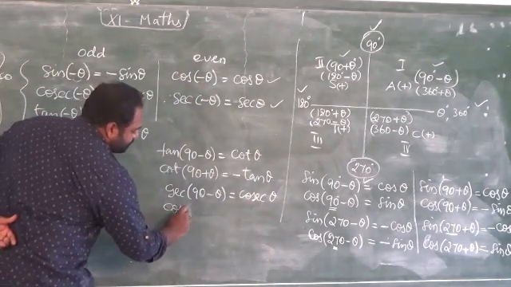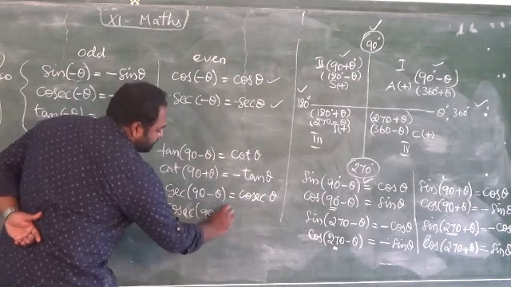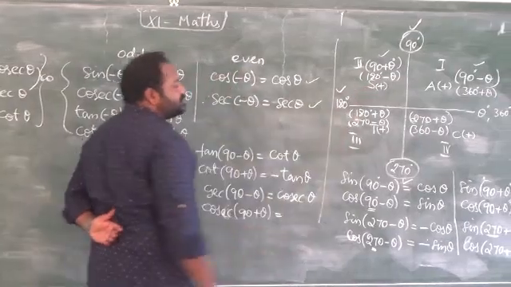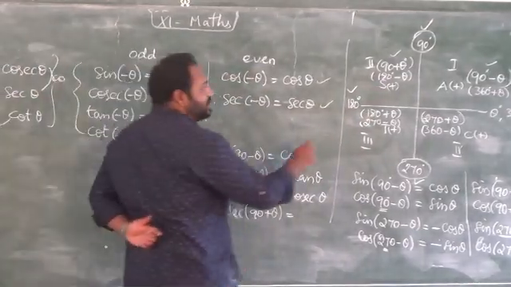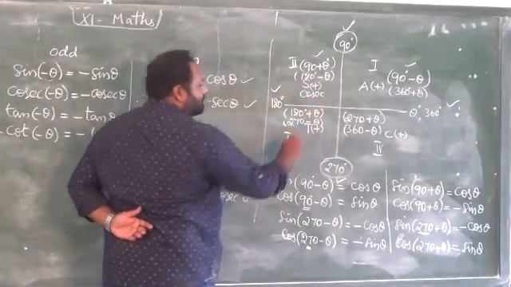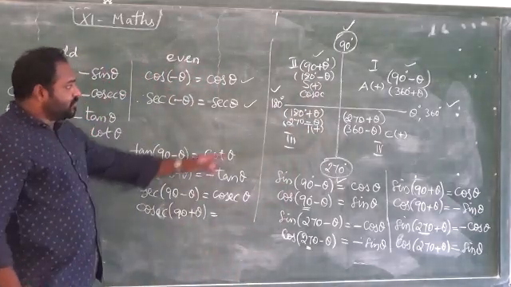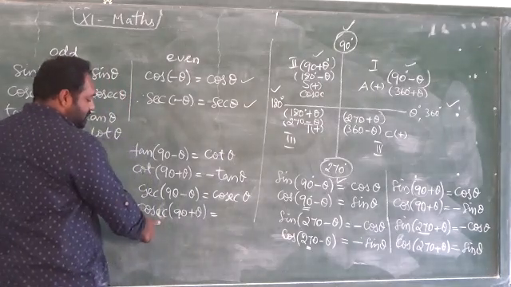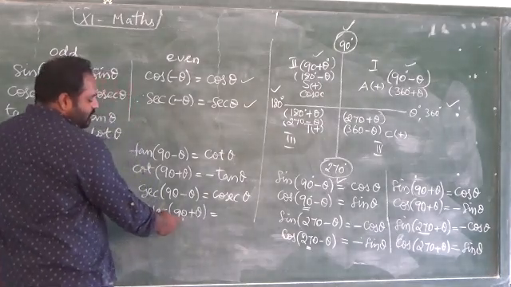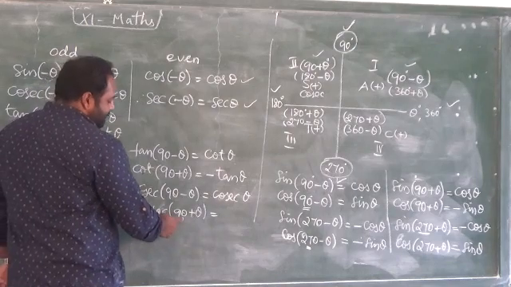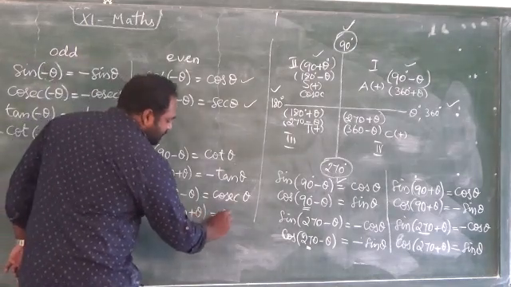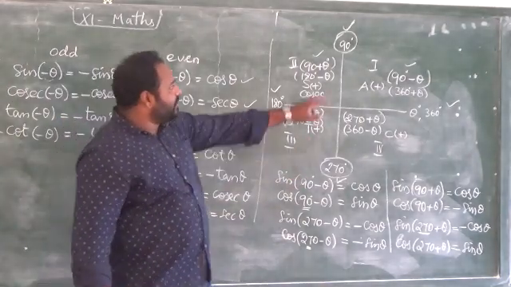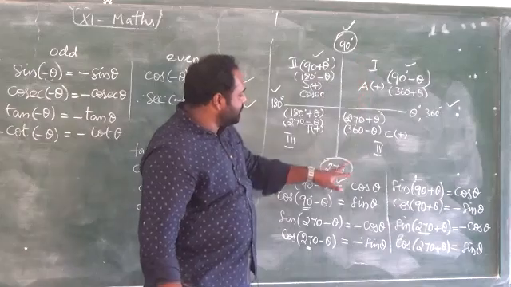Cosecant 90 plus theta: second quadrant, where cosecant is also positive, like sine. So only the co-ratio changes because of the 90. Cosecant will be secant theta. So this is the way of changing the co-ratios for 90 and 270.